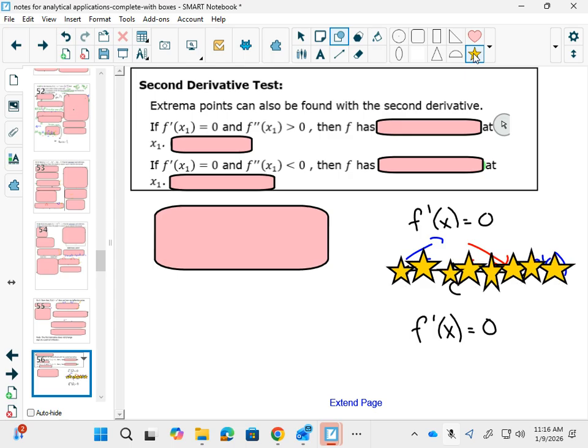You just skip that, which is very hard to do because when you graph things, you will naturally do that next after finding the first derivative. But the second derivative test says you still find this, you skip that, and then you go to f double prime of x.